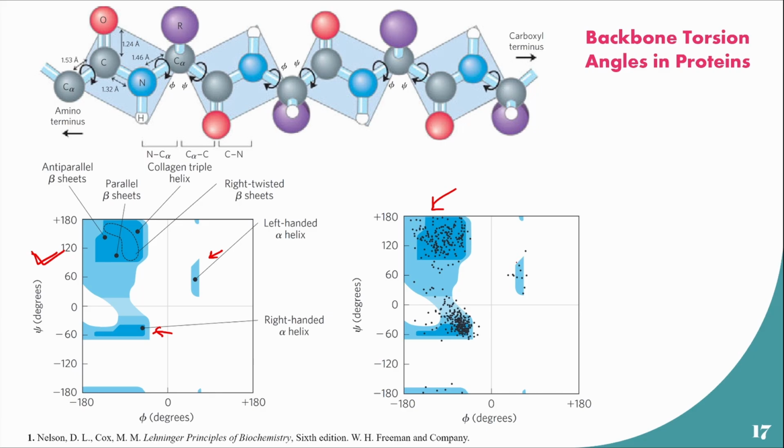and you plot each amino acid residue in this phi versus psi plot, and then you see whether you are seeing any unexpected distribution of the phi and psi angles for certain residues, right?